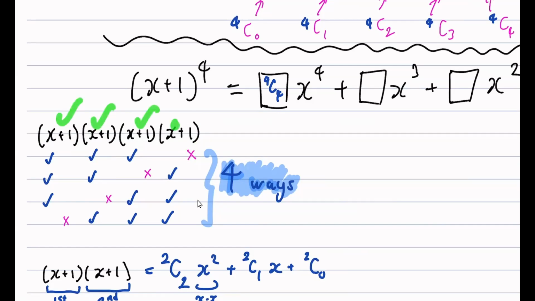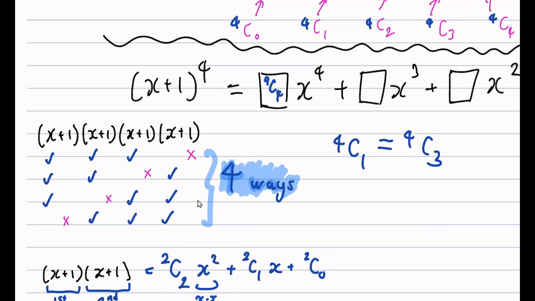Among these 4 factors, you want to choose one constant and 3 x's. How many ways are there to do that? It's either 4 choose 1 or 4 choose 3. Do you realize that they are equal? Type in a calculator. It's the same.